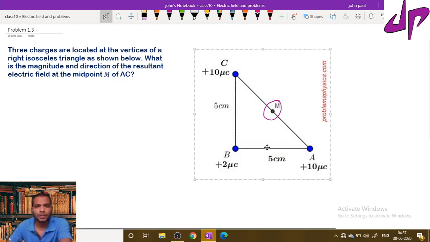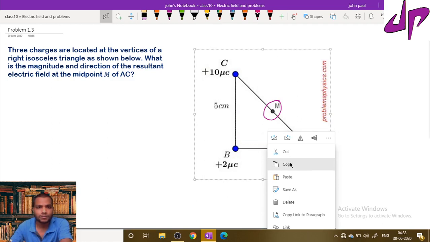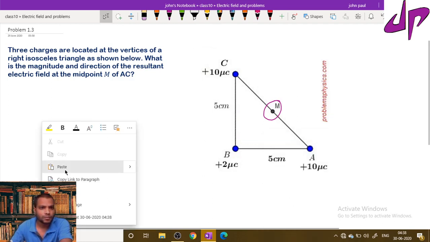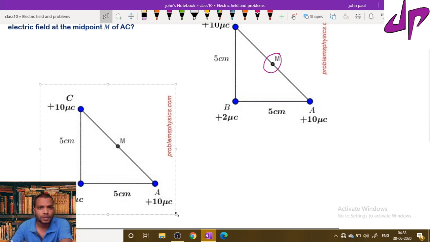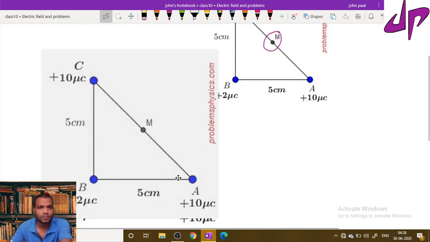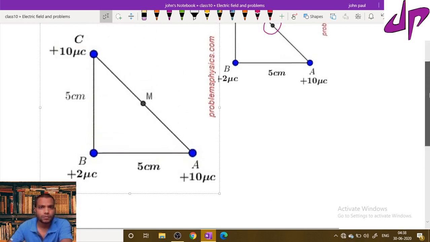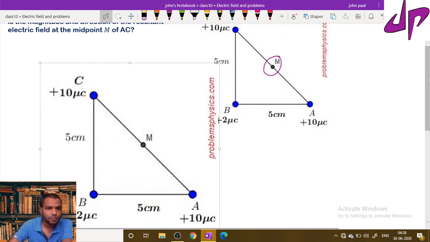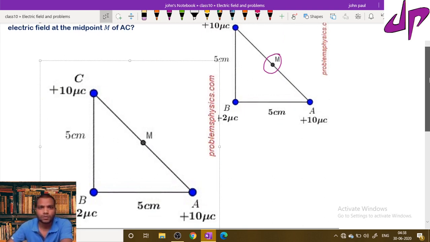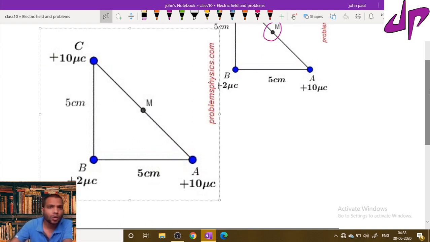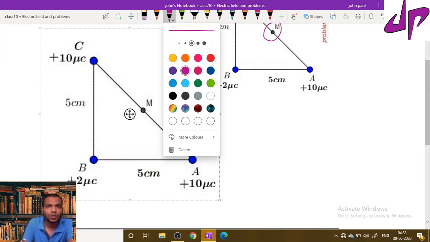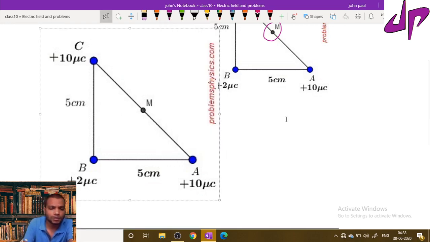For that, I need a diagram, so let me redraw the same diagram. Now, if I write the total electric field, since electric field is a vector sum, the total electric field is the vector sum of all electric fields due to the individual charges.